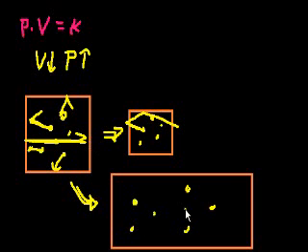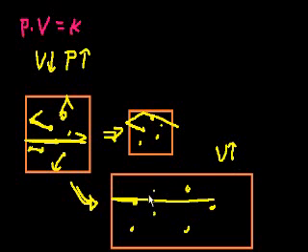And now, in this situation with larger walls, it might just go bam, and in that same amount of time, it'll maybe get here. It won't even hit the other wall. So the particles, on average, are going to be colliding with the wall less often, and the walls are going to have a larger area as well. So in this case, when our volume goes up, the average pressure, or the pressure in the container, goes down.